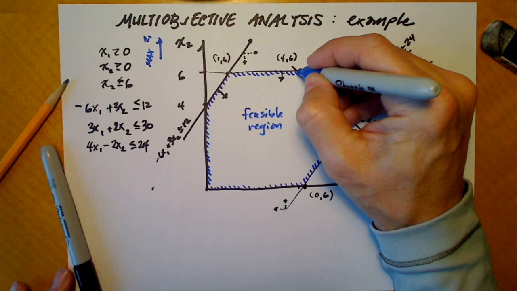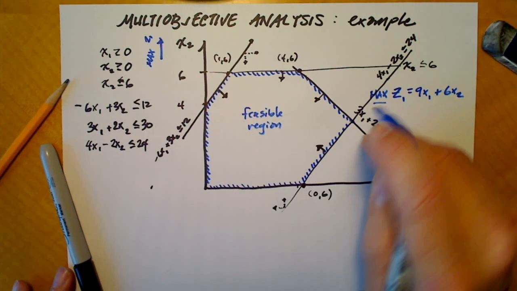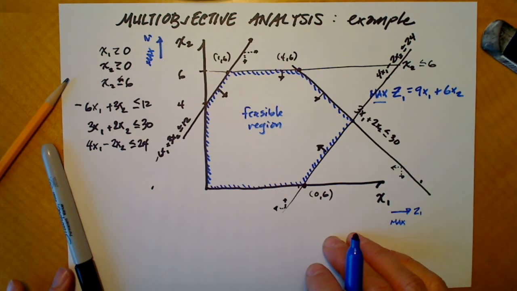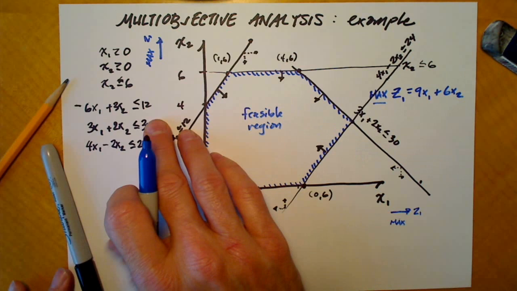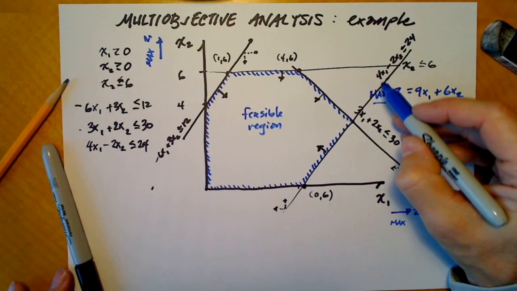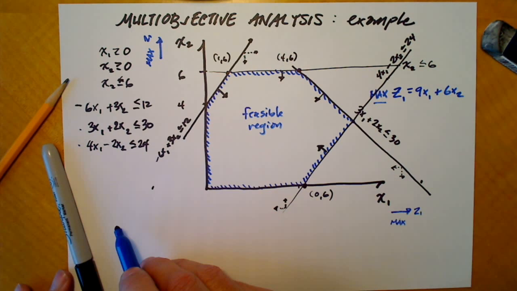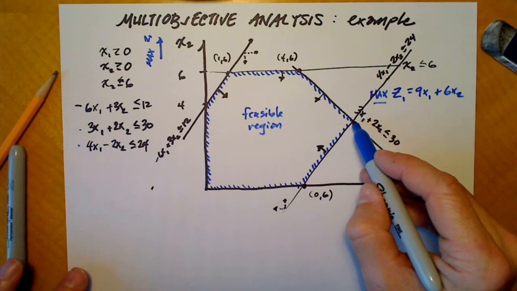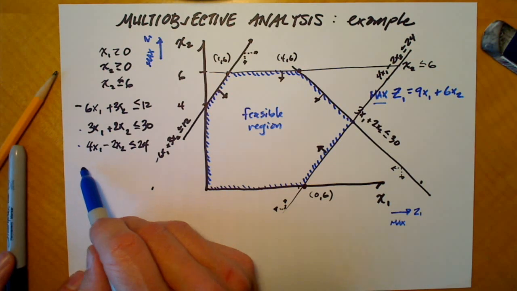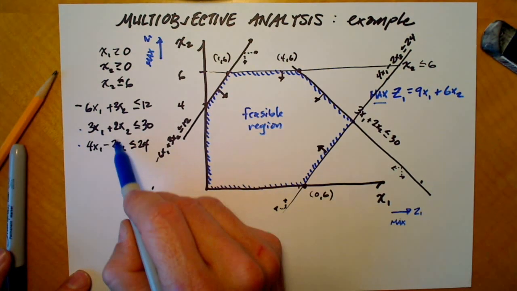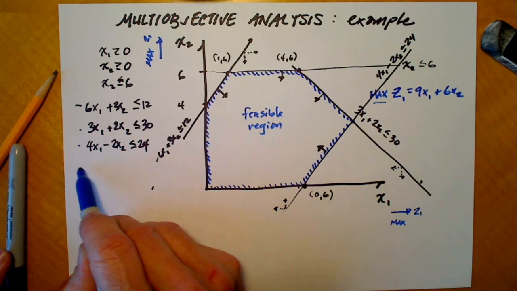So there are two extreme points we want to test. 4, 6, and the intersection of these two lines. The 3x1 plus 2x2 equals 30, and the 4x1 minus 2x2 equals 24. We want to find this point where the two of them intersect. What's the value of x1 and x2 that satisfies both of these equations?